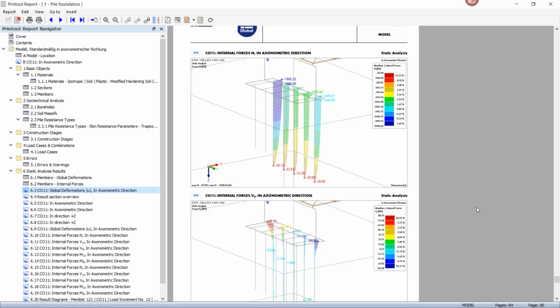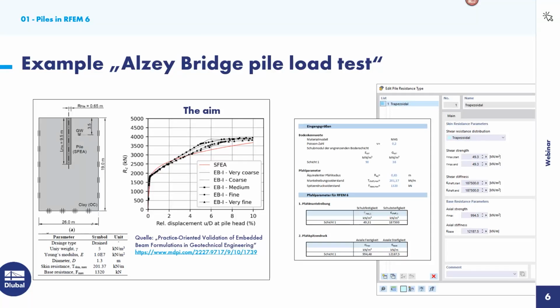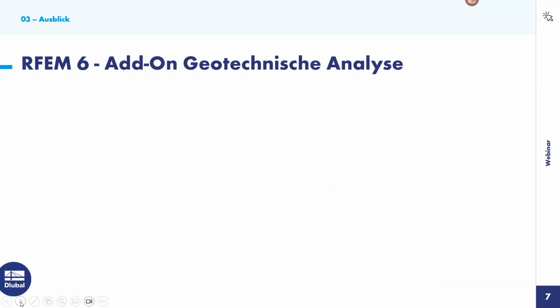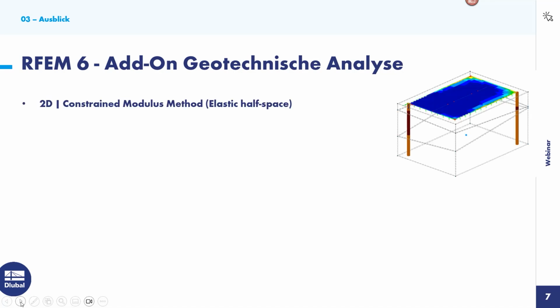I would like to go back to our slides to come to point 3 of this webinar. Let's go back to the slide. So now we can come to the next slide. So what are the next steps for us? We are now in the last steps of the 2D constraint modulus method or elastic half space method as an option for the consideration of the soil.